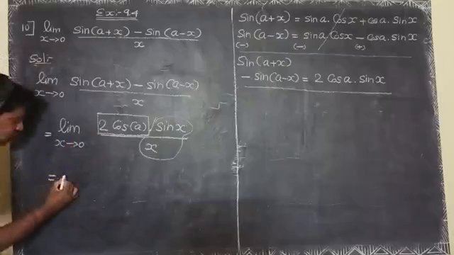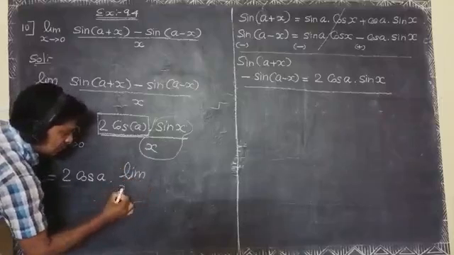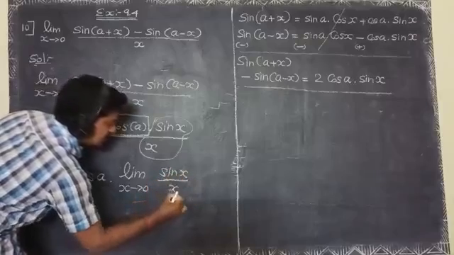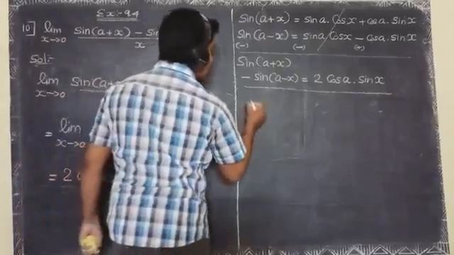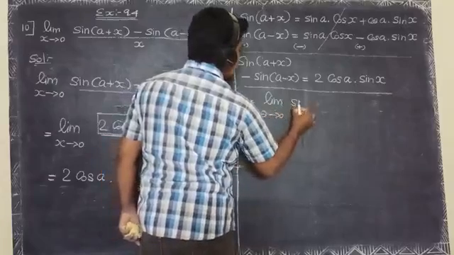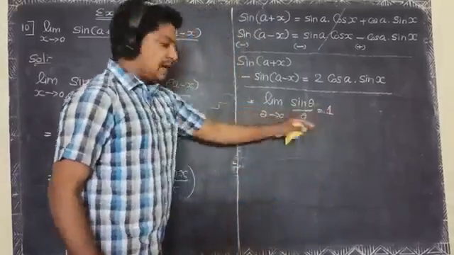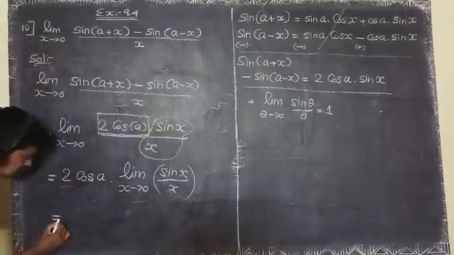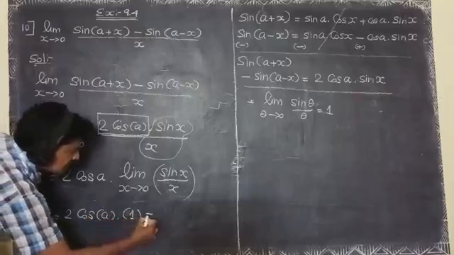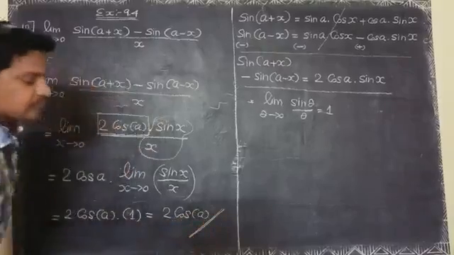So 2 cos a into limit x approaches 0 of sin x divided by x. We know the result 9.1, limit theta approaches 0 of sin theta divided by theta is equal to 1. Using this result, 2 cos a into 1. Then the result is 2 cos a.